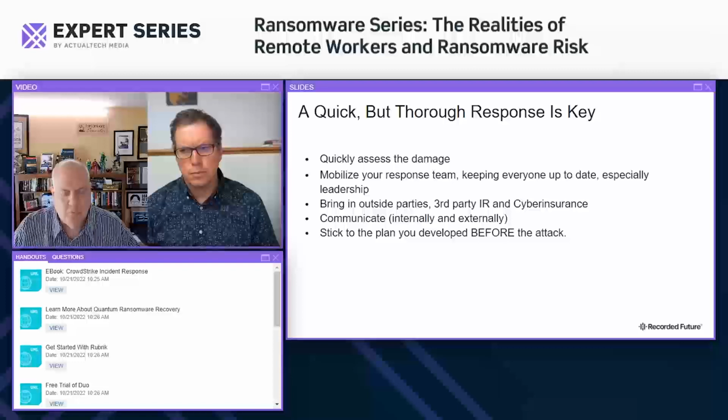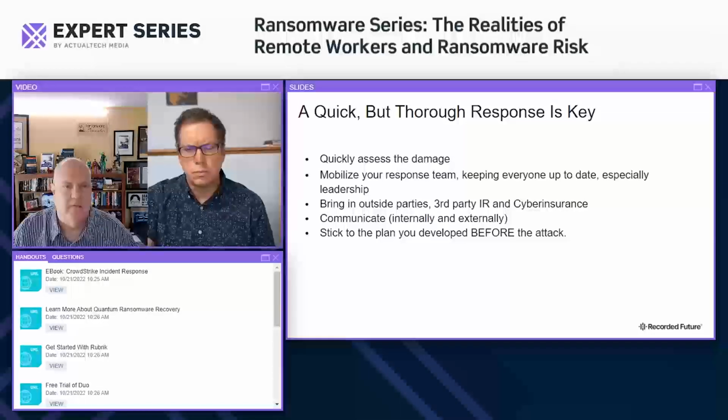But if we've had an incident, share as much as you can, without giving away anything that's going to hinder your response or freak people out. I think the way most people look at it is, if you're being honest and as open as you can about an incident response, then your clients, your partners, your shareholders are going to have a lot more confidence in your ability to recover.